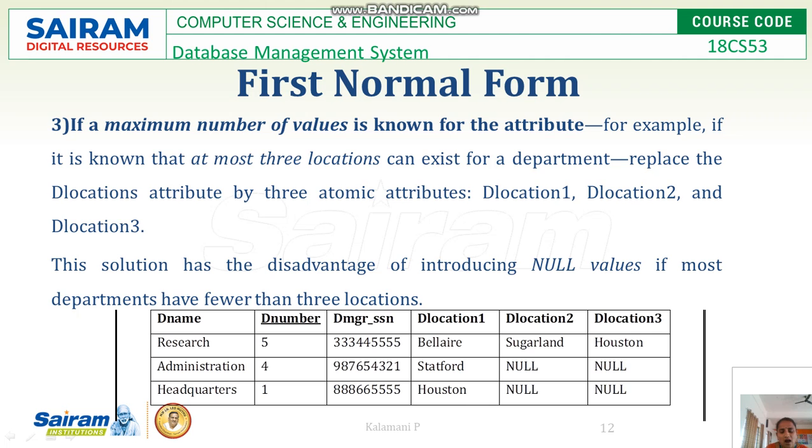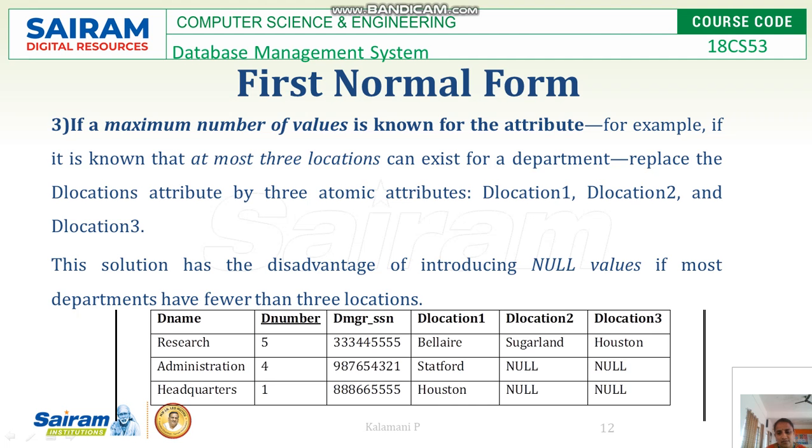Here the problem is that all other departments are located in only one place, so the remaining attribute values are represented as null. The drawback here is that it introduces null values. Among these 3 methods, the first one is splitting the table, the second one is expanding the key, where redundancy is there.